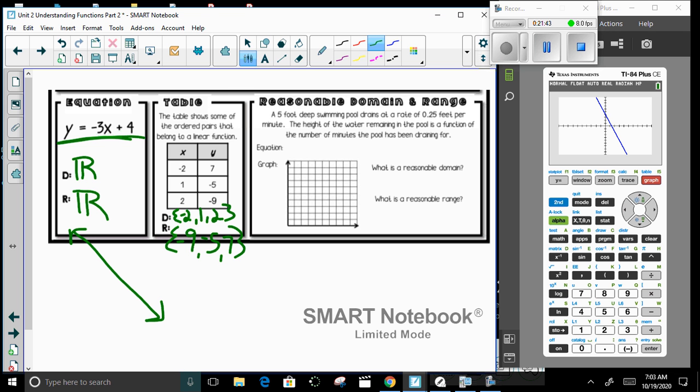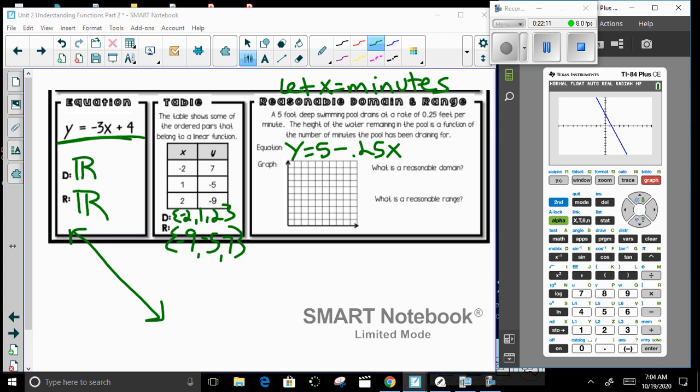I have no clue how many minutes, so I'm going to let x equal minutes. If there's 5 feet in the pool and you're draining it, you're taking away. So it's 5 minus 0.25x. I have 5 feet in there. I'm taking away 0.25 feet per minute. The x is the minutes. I don't have any clue what the minutes are.